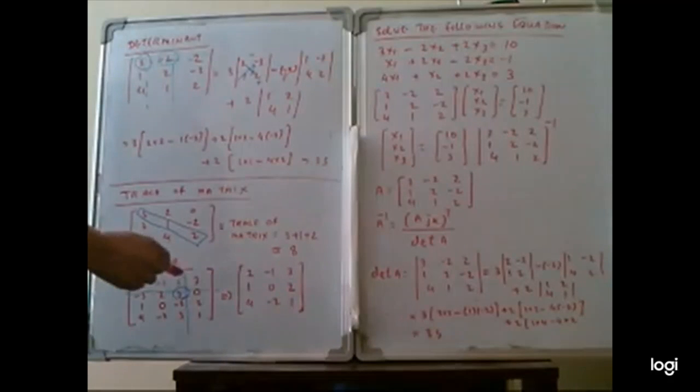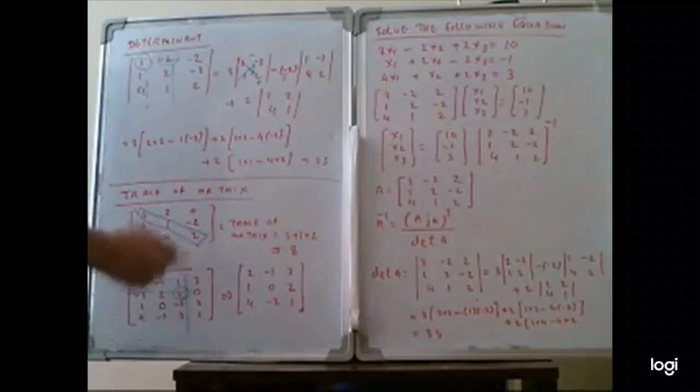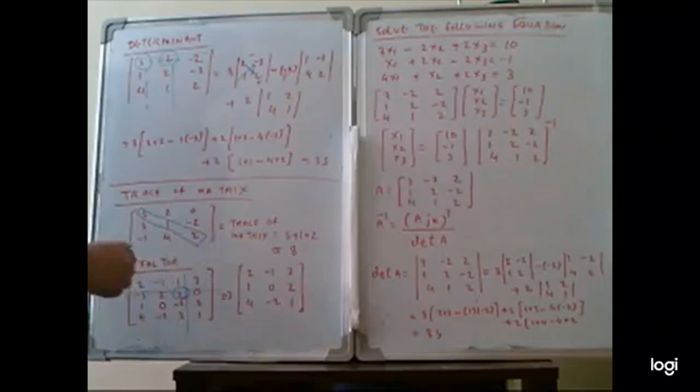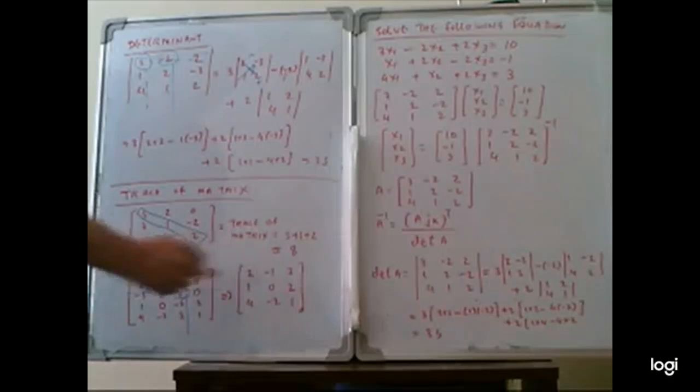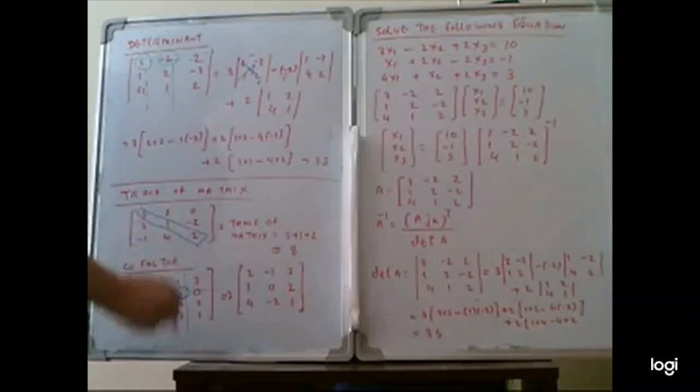Cofactor means that for the cofactor of the 5, you have to neglect the whole row and whole column entries that pass through the 5. So the whole row passing through the 5 needs to be neglected, and the whole column passing through the 5 needs to be neglected.